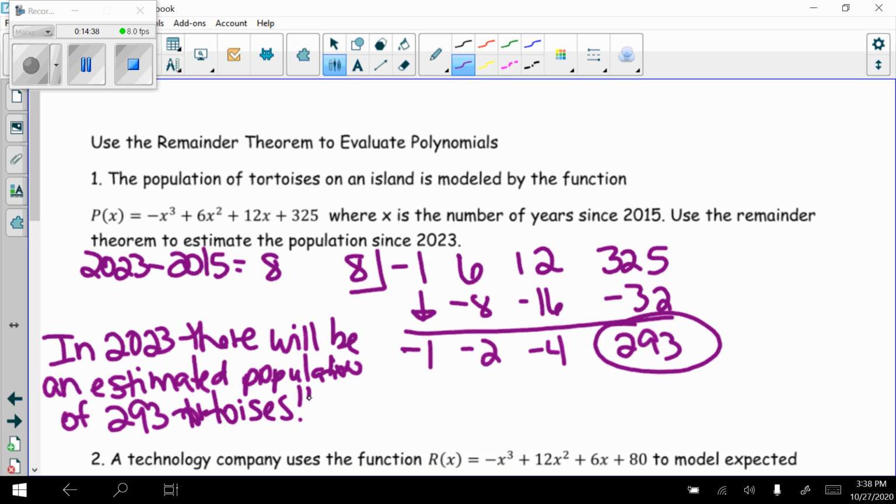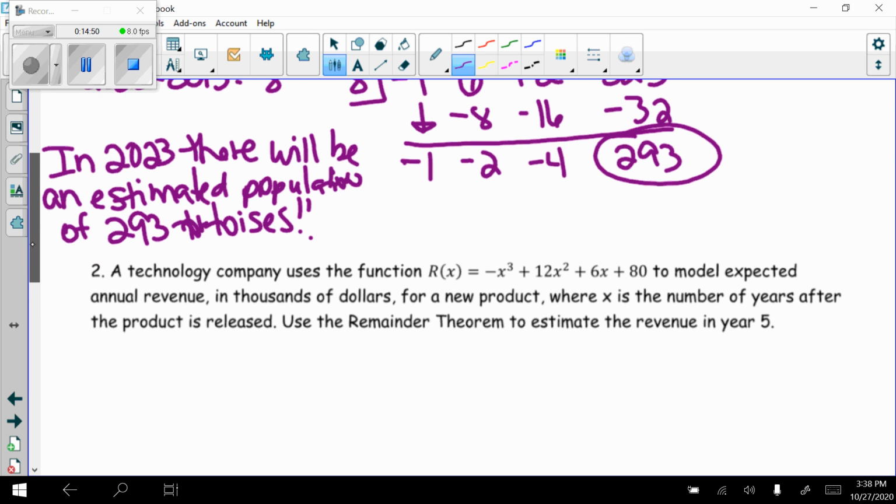Okay. Again, synthetic division, using it this way, is just another tool that you have instead of plugging the value in for x. Okay, let's look at this again.